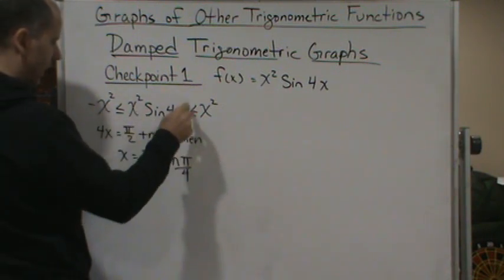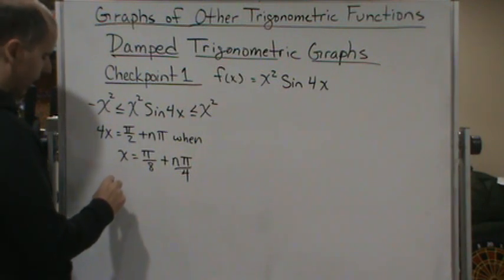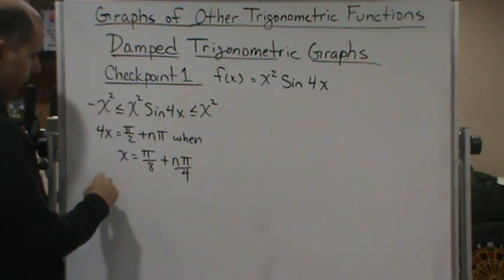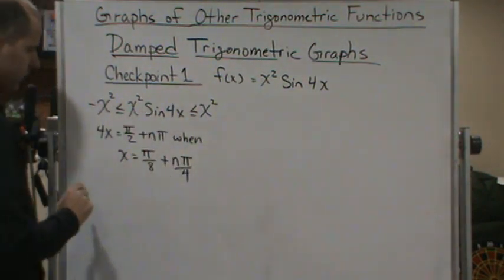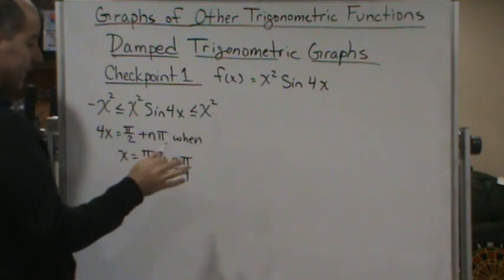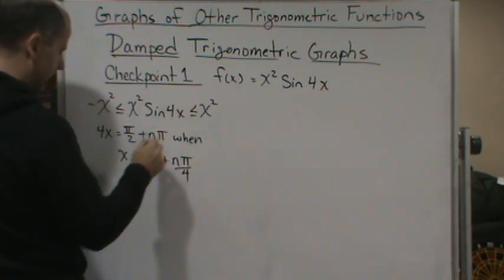Now, when is this equal to 0? So when are the x-intercepts? Where do they occur? Well, remember, they occur when sine is equal to 0. And again, sine is equal to 0 for every multiple of pi. So when is 4x equal to pi?